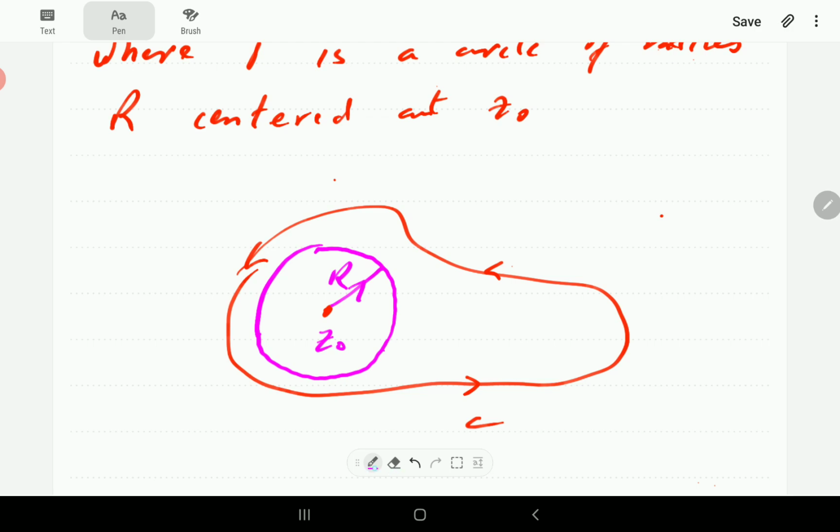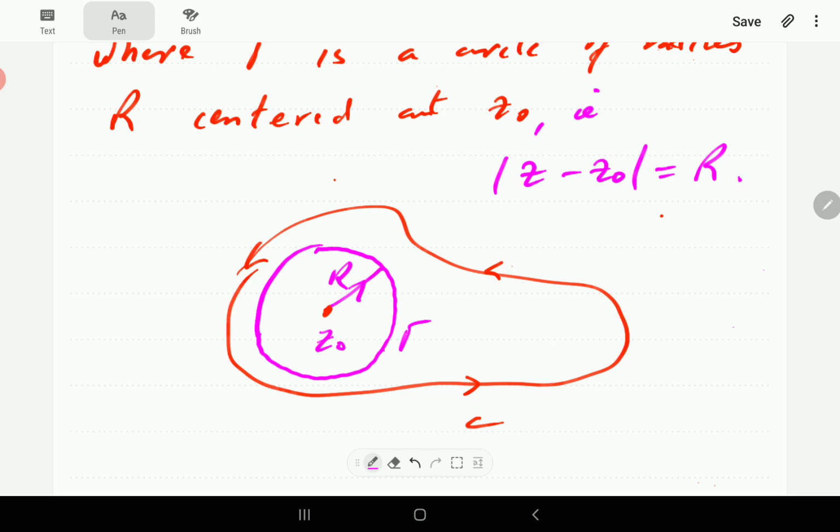That means the circle is defined by the equation mod z minus z0 is equal to r. So we can deform this path C into this path gamma.